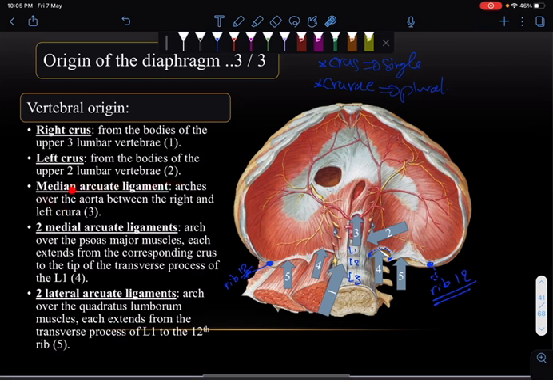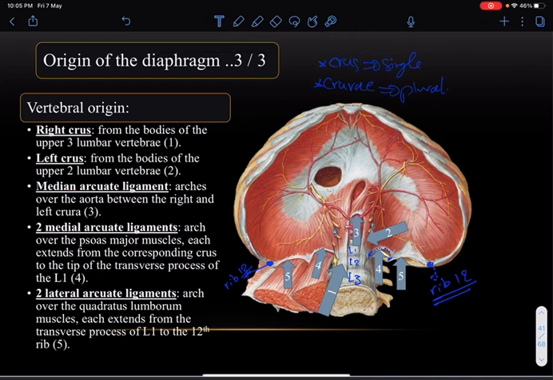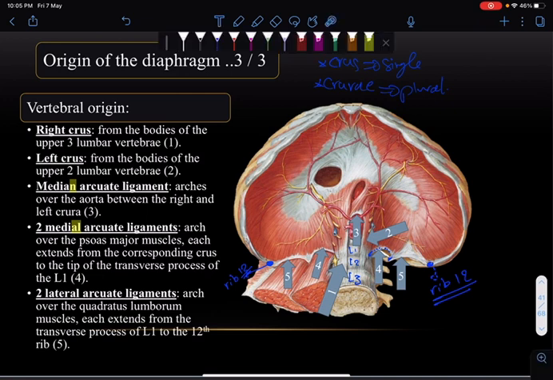The median arcuate ligament. The median arcuate ligament arches over the aorta between the right and left crura.